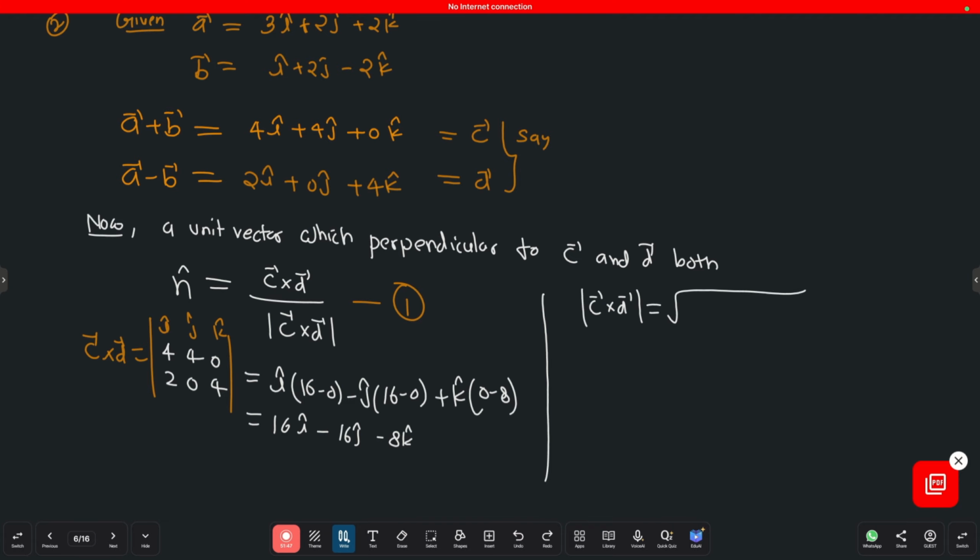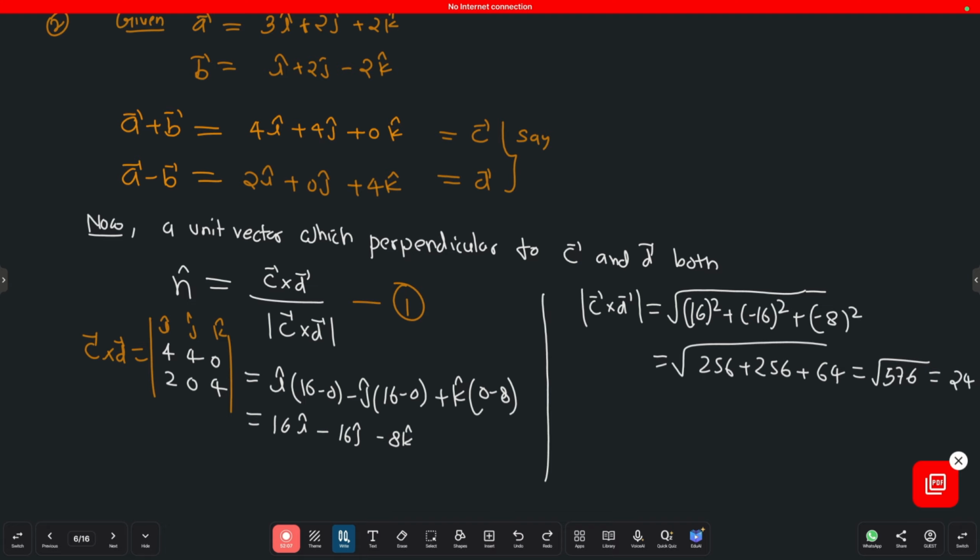Next, 16 square plus minus 16 square plus minus 8 square. 256 plus 256 plus 64. How much is it? 576. And which is the square root of? I think 24. If 576, then 24. Correct?